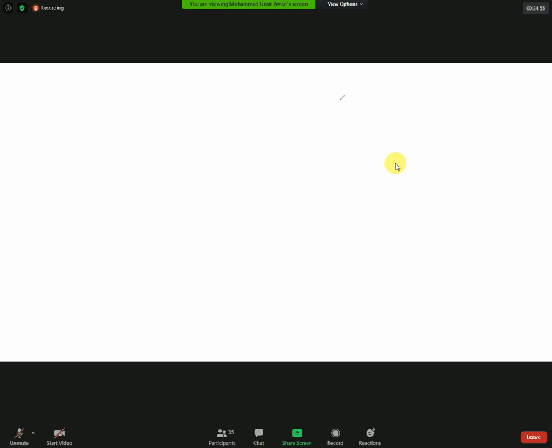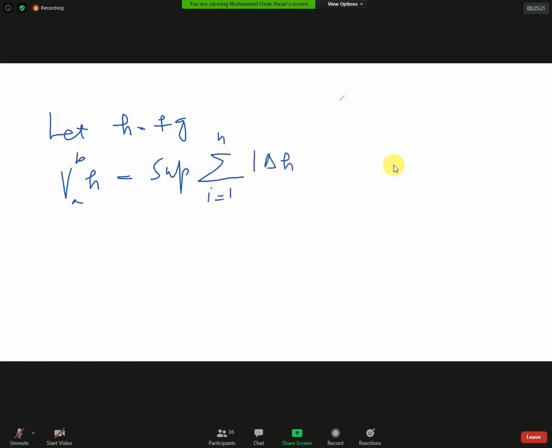Next है जी हमारे पास, let H is equal to FG. Product वाला केस हम कर रहे हैं. Suppose H is equal to FG, and the total variation of H will be equal to supremum summation i equal to 1 to n del Hi. ठीक हो गया?